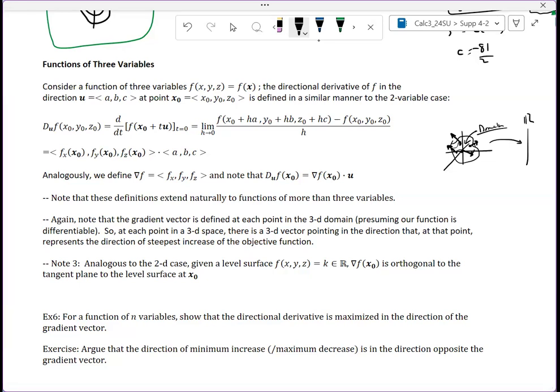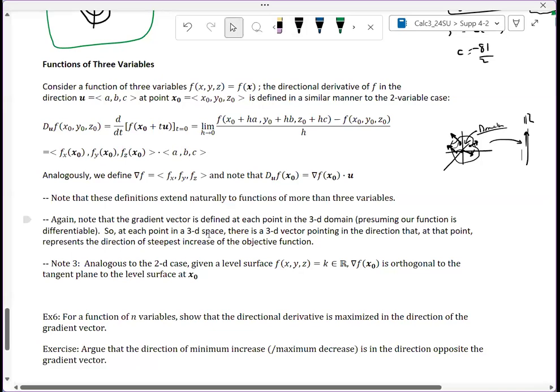And we're saying that if I'm at this point in 3-dimensional space, moving in this direction, say I'm measuring temperature at a point in a 3-dimensional space, moving in this direction will give me the greatest increase in temperature locally. It'll be where I get the greatest increase in the output over here on the right. It's a completely analogous idea, but it's much harder to draw or to visualize.